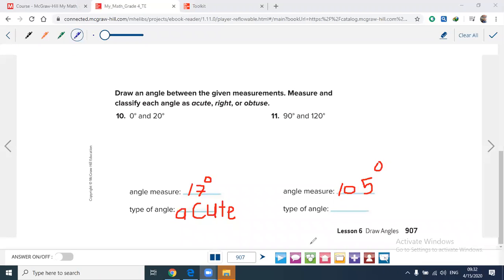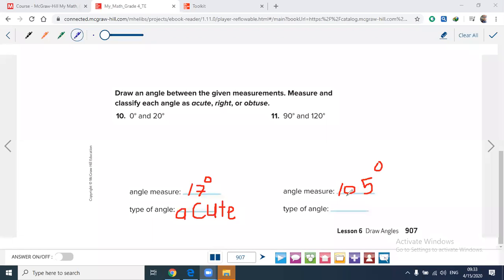Which type is this angle? Acute, right, or obtuse, as you see in the question here. Draw an angle between the given measurements, then measure the angle and classify each angle as acute, right, or obtuse. Between 0 and 20, I choose 17. 17 is acute. And number 11, between 90 and 120, I choose 105, for example. You can write as you like, which one is greater than 90 but less than 120.